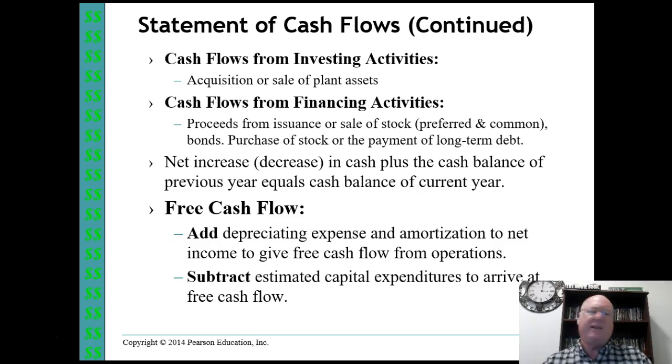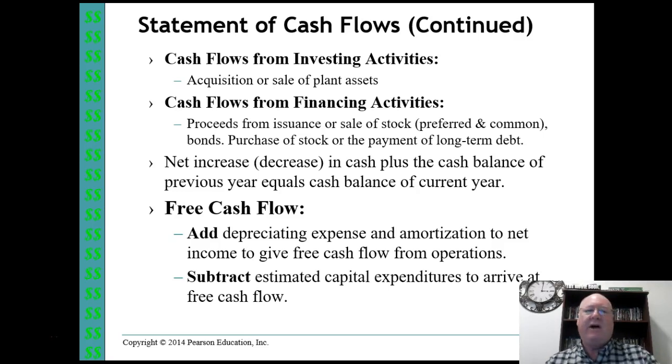You then are reconciling at the bottom, you'll get a net increase or decrease in cash, which you can then apply against the cash balance at the beginning of the period and compare it to the cash balance at the end of the period.